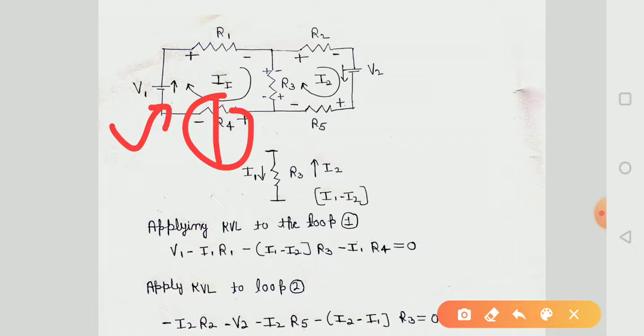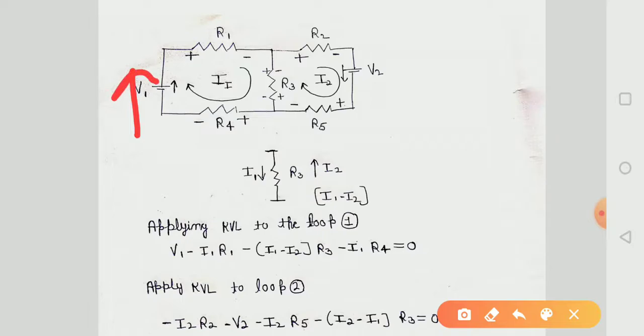Here the current flows from negative potential to positive potential, so the current is flowing from the negative to the positive terminal. It means there is a rise in potential, so we consider this voltage positive.